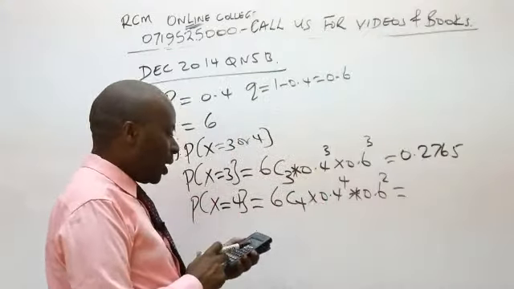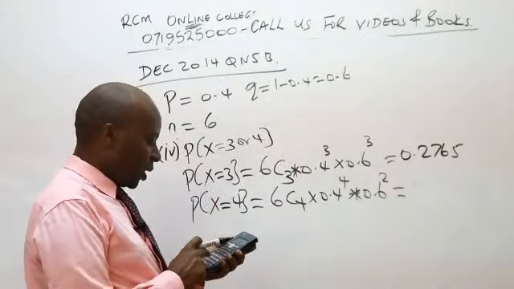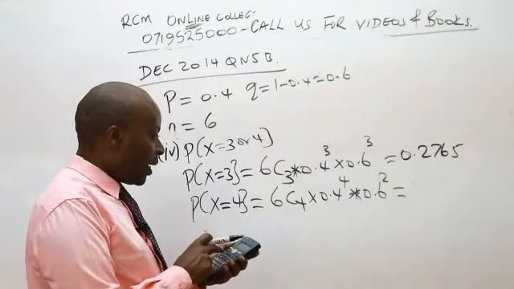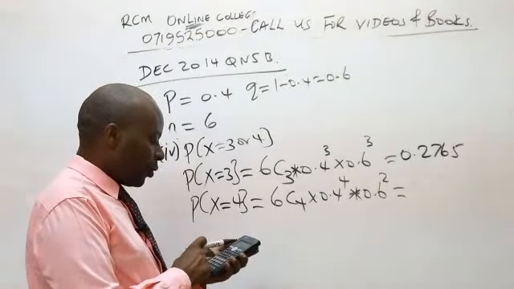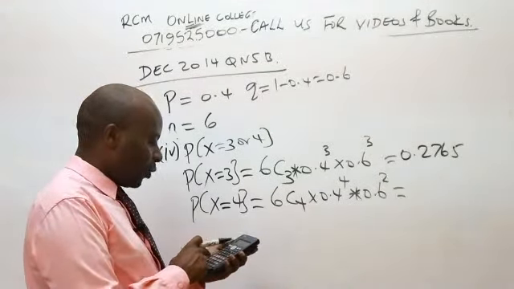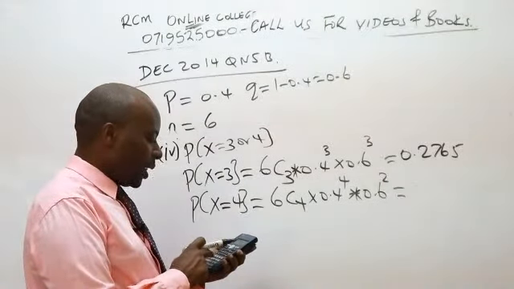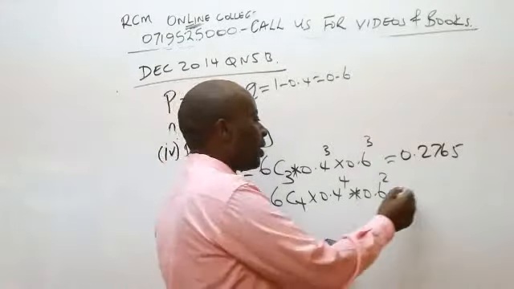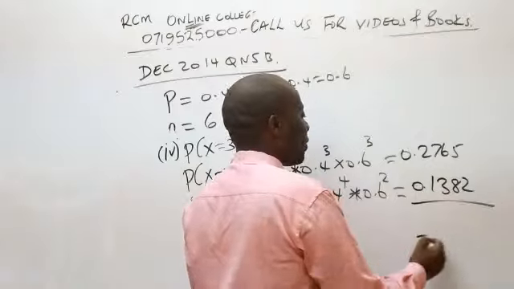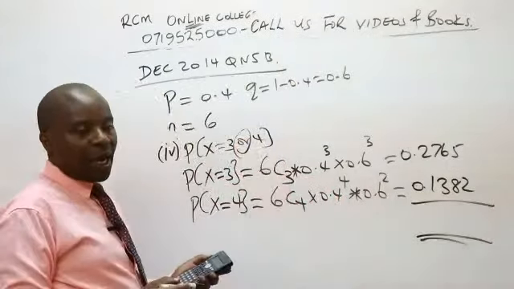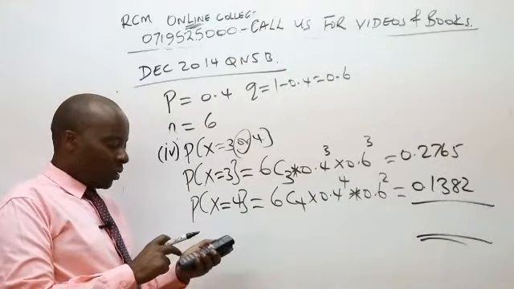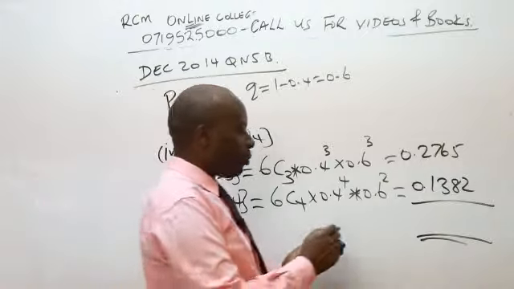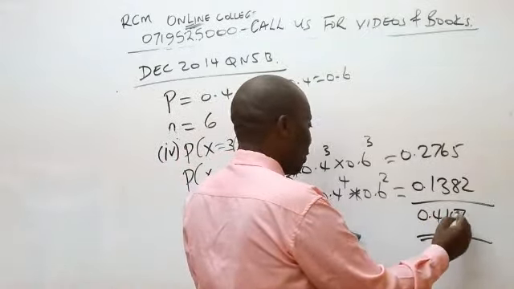And then we have 6 combinations 4 times 0.4 raised to power 4 times 0.6 raised to power 2, which gives me 0.1382. So please add the 2 because of the word "or". So we have 0.1382 plus 0.2765, which gives me 0.4147.